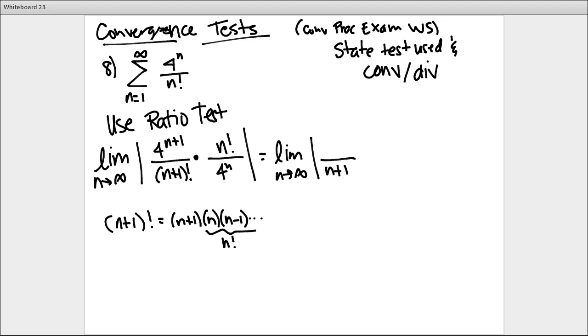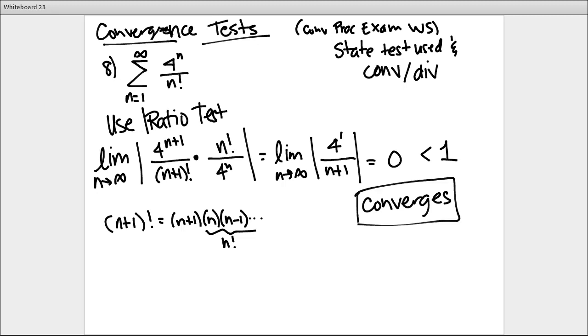So you end up with an n plus 1 in the bottom, and you simplify that. And then the 4 to the n plus 1 divided by 4 to the n will leave you with a 4 to the power of 1 up there, just using properties of exponents, right? Well, as n goes to infinity, that's 0. And that is definitely less than 1, which means that this guy converges.